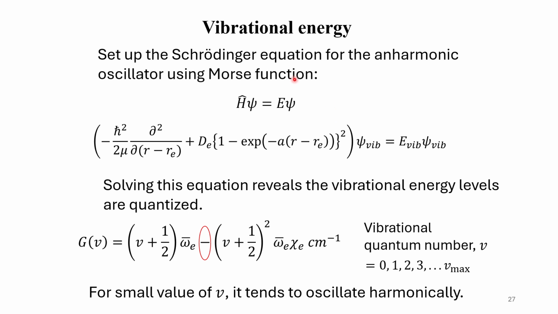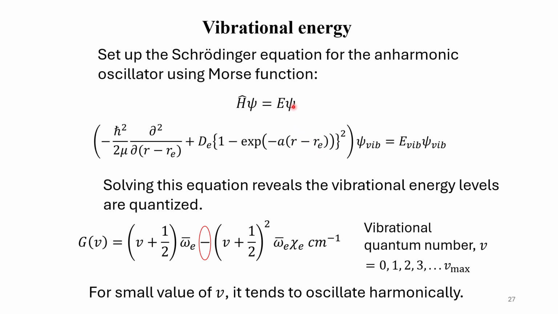To determine the vibrational energy, we set up the Schrödinger equation using the Morse function. The Morse function is necessary because a realistic potential function must reflect two important properties: the molecule dissociates when the internuclear distance is much greater than the equilibrium distance, and the nuclei will repel each other when the distance is much less than R equilibrium.